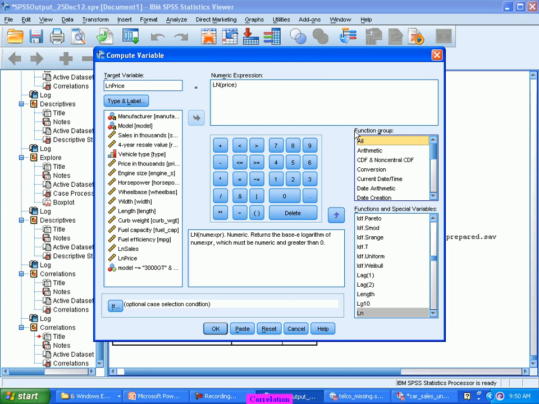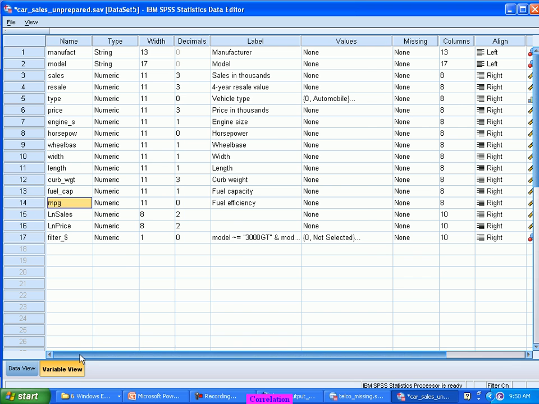So from all functions here, I am using the log function. It gives me log with something in the bracket, and that something I am pointing to by double clicking price in thousands. So a new variable is getting created, which will take the log of the price. Every price item has a logarithm taken for it, and the values are put in a new column.